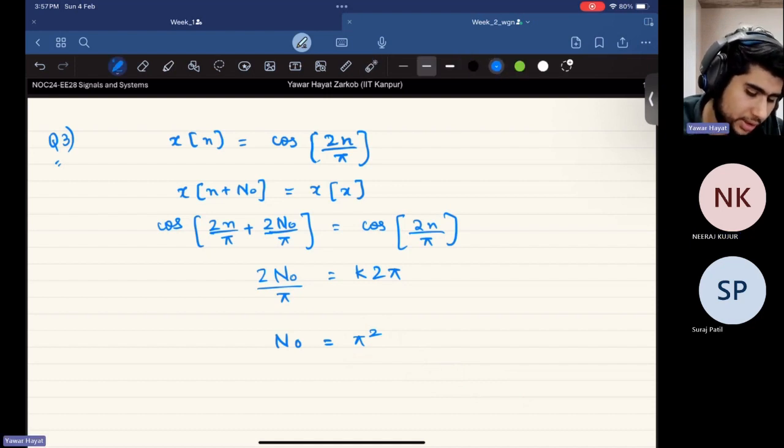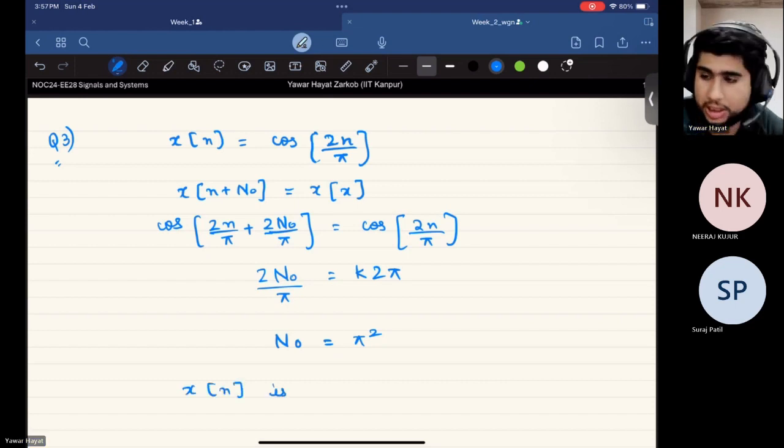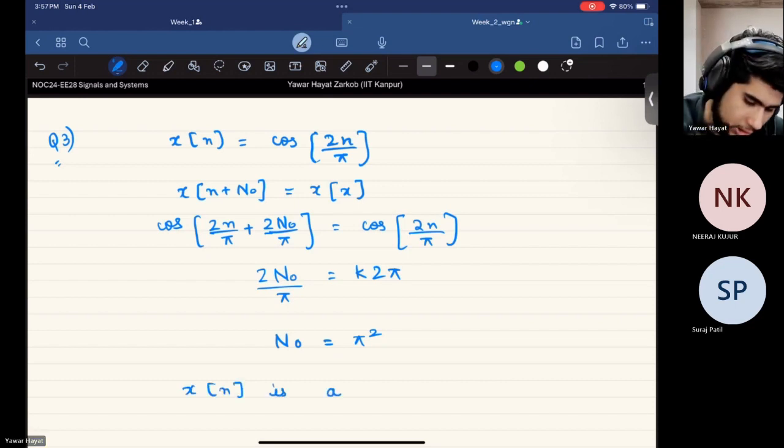So that is why we conclude that x of n is not periodic. Why is it happening?